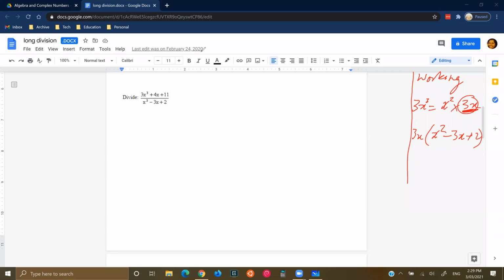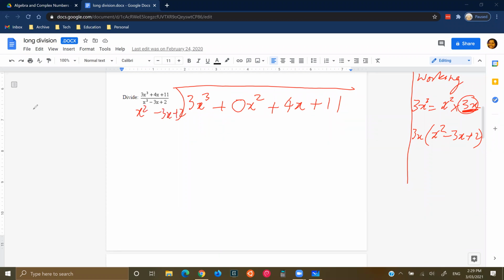Now, what I should have pointed out is there is no x squared term. So when there is no x squared term, I'm going to just write the 0x squared there. And then there we have it. So now I'm dividing by that. Apologies for that. So now I've got 3x here, and when I multiply, this is what I get: 3x cubed, and it's 9x squared.